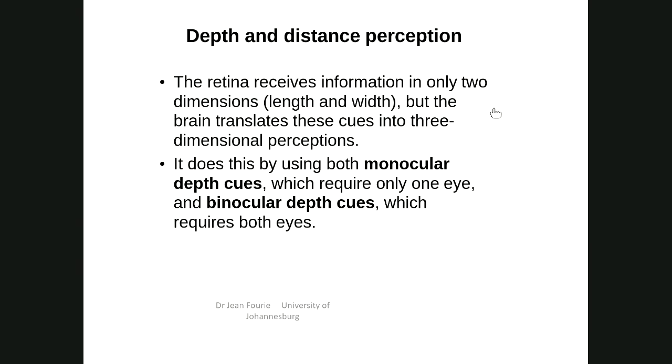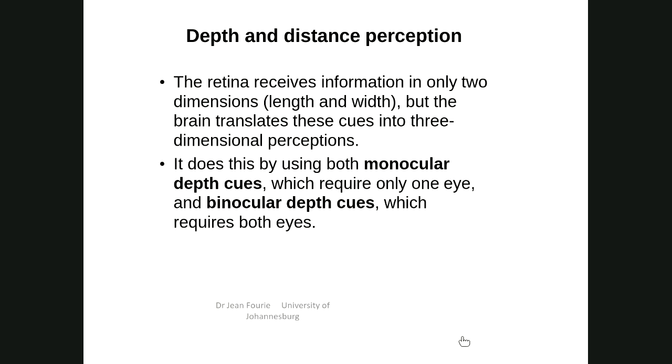So people who have lost one eye will often have difficulty with accurately perceiving distance and depth, and they will be relying on monocular clues, and it makes it harder. They can do depth and distance perception, but it is something that they will have to be more aware of, that they're going to have difficulty with doing those things.